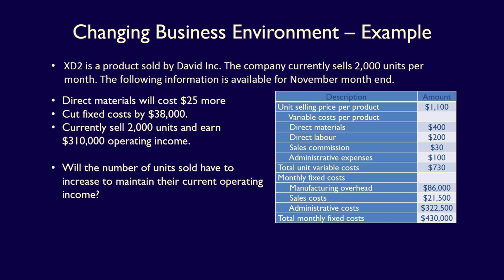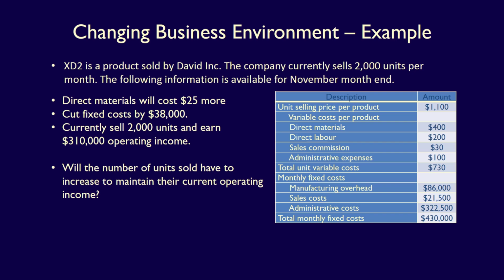Currently, the company sells 2,000 units and earns an income before income taxes of $310,000. Management would like to know if the number of units sold would have to increase in order for the company to maintain their current income before income taxes of $310,000. This is a question of target income before income taxes.